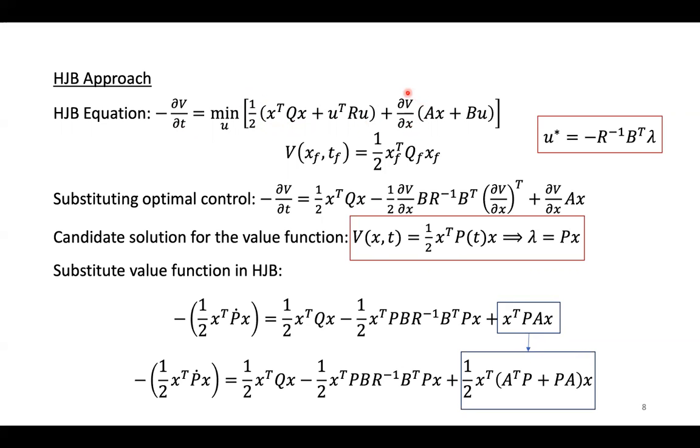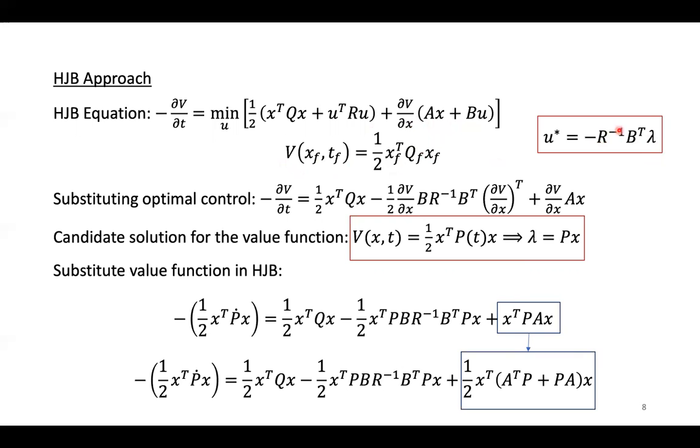And notice that lambda is essentially the partial of the value function with regards to X. So I replace lambda with that, and I multiply it with AX plus BU, which is the dynamics. And again, as we already know, the value function at the terminal time is the terminal cost itself. And we have our optimal control to be minus R inverse B transpose lambda.